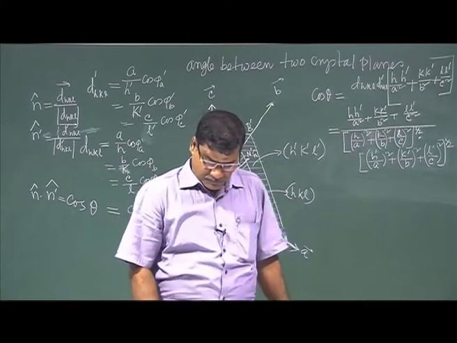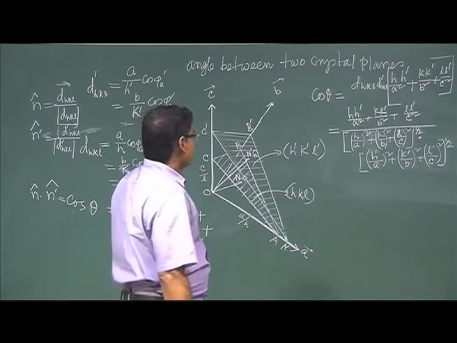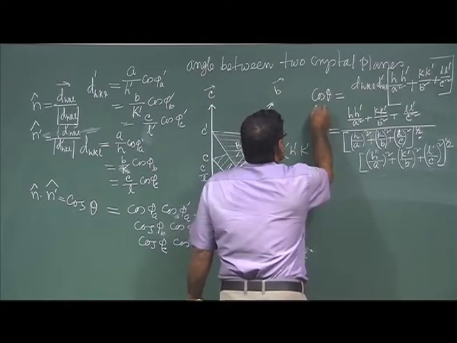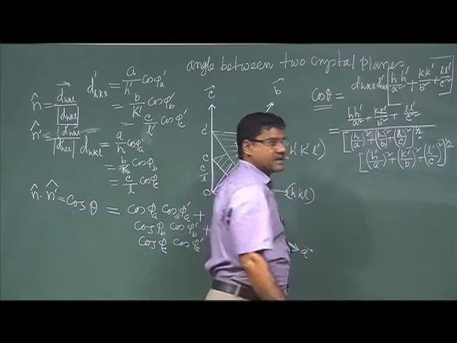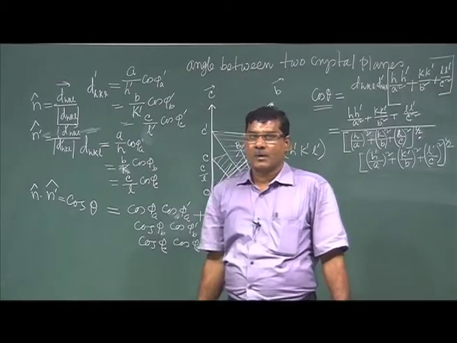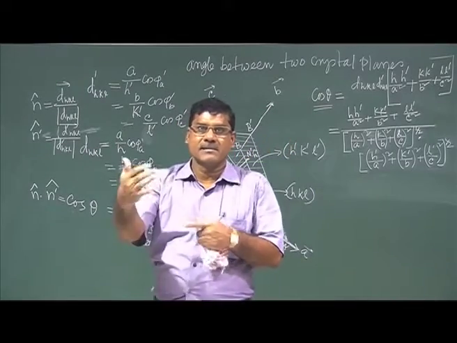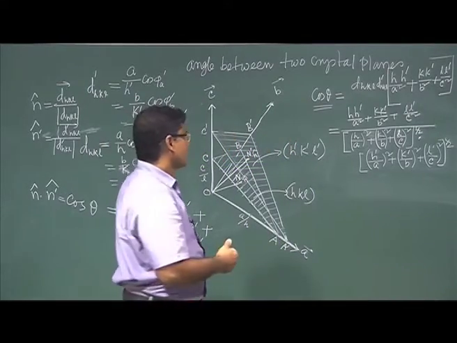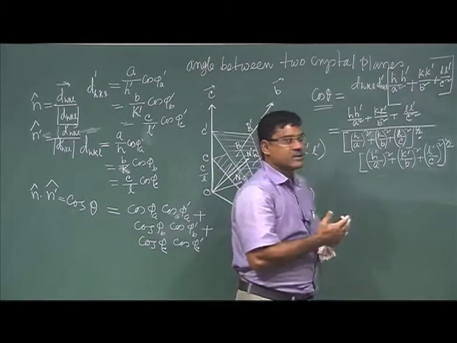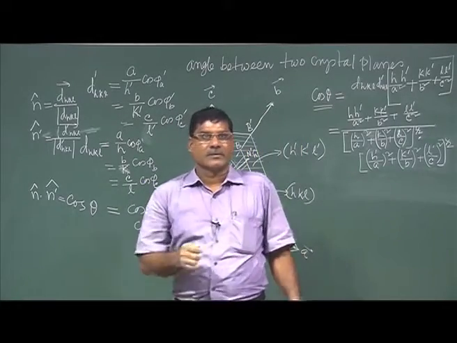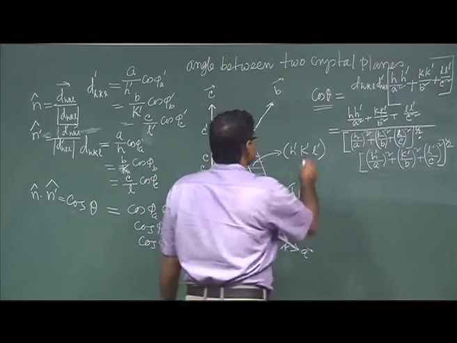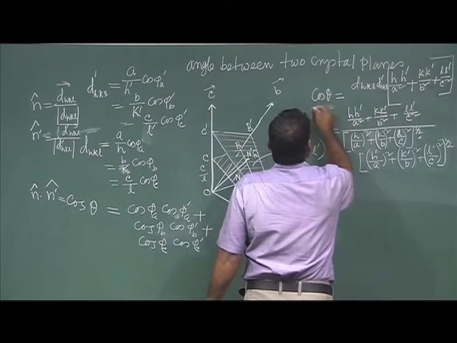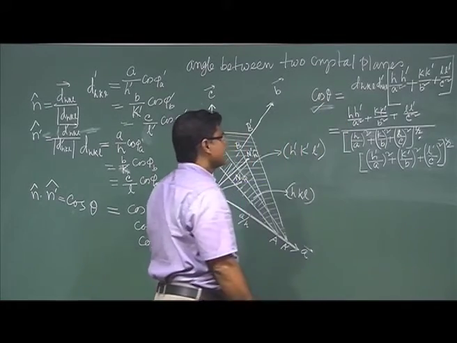So now in crystal plane, what is the planar spacing? What is the angle between these two planes? For that we have an expression, so one can easily find out.